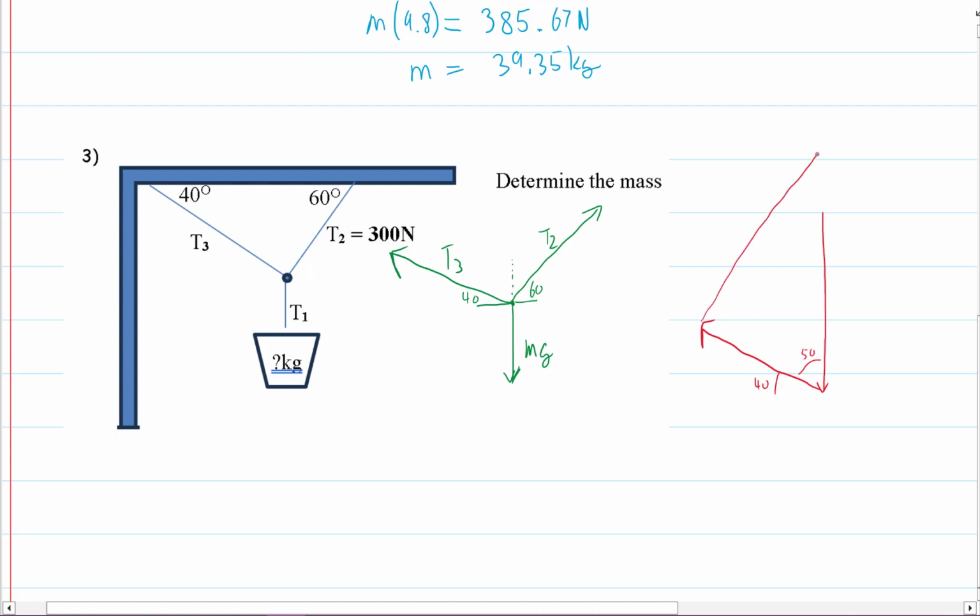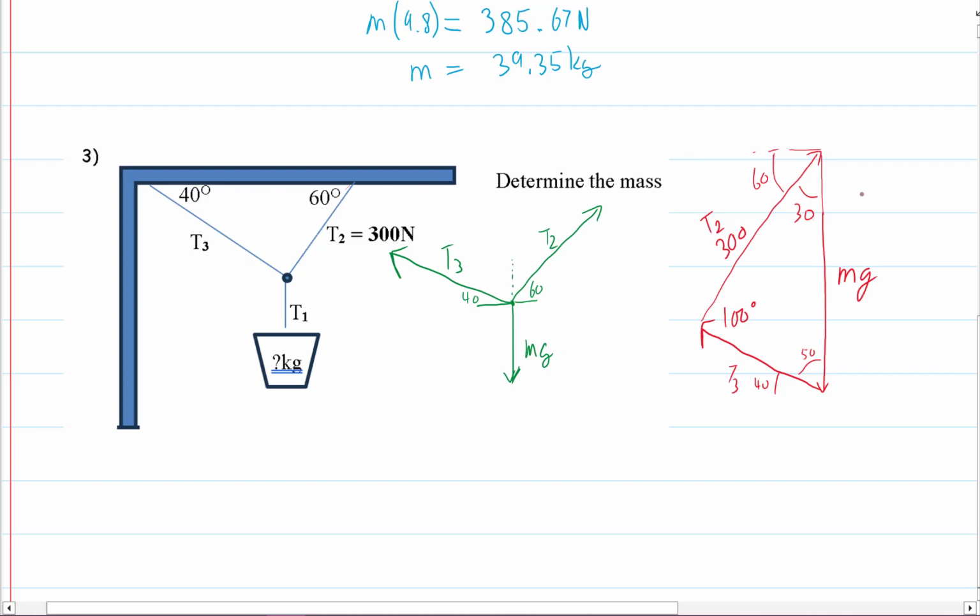And then T2, and we're told that this is 60 degrees, so that means that is 30 degrees. If that's 30 and that's 50, then this has to be 100 degrees, since the sum of the angles of a triangle equals 180. This is mg. We don't know what that is, but T2 is 300, and this will be T3.